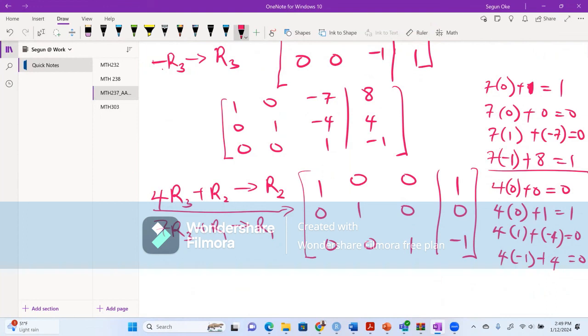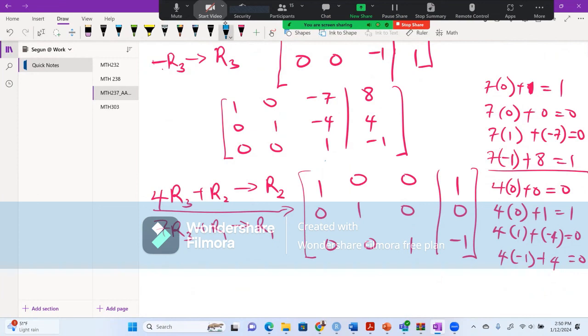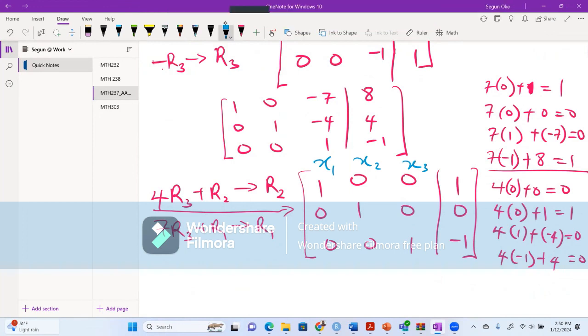So you can see what we get at the end of the day. Don't forget, this is your X1, X2, X3. So if you want to write this equation out now, for the first column you only have 1 of X1, the rest are 0 plus 0 equals 1.